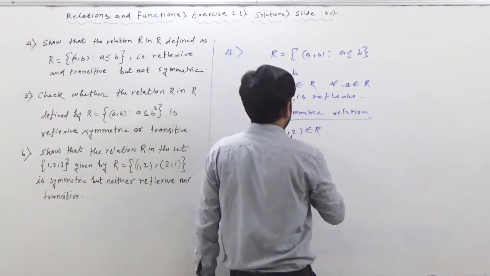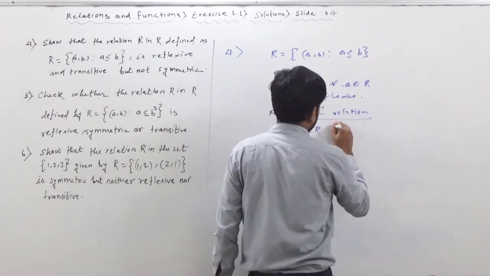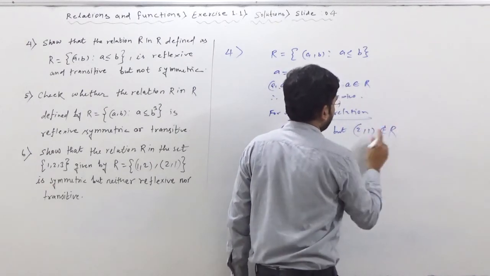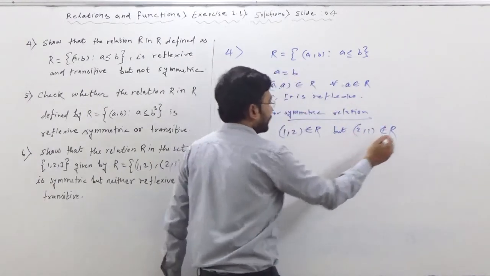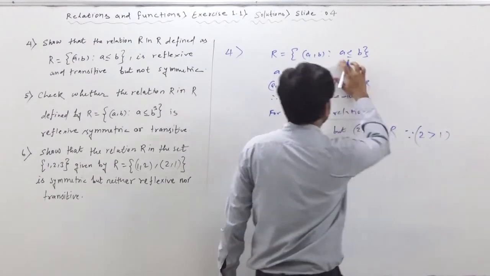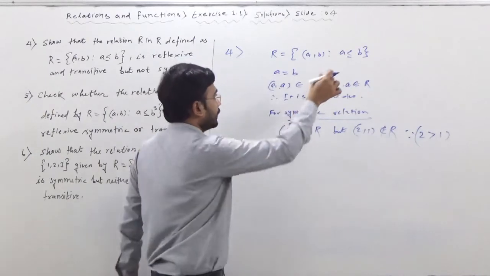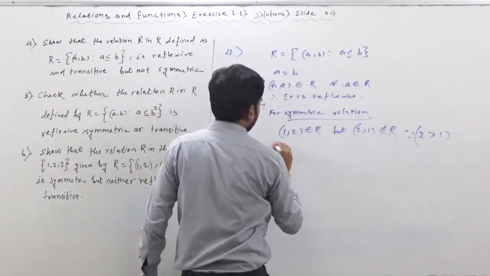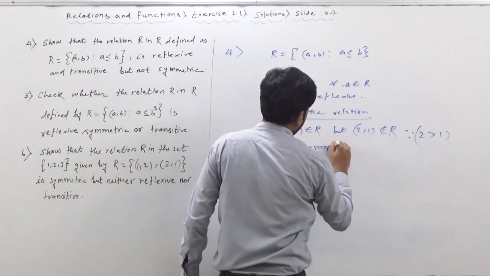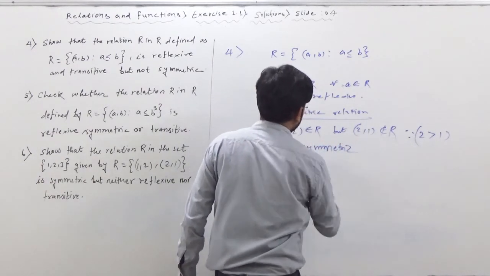A comma b, 1 comma 2 is there, but can you tell me 2 comma 1 also belongs to R? Of course not, because 2 is greater than 1, which is not possible for this type of equation which is given over here. So it's not going to be a symmetric relation.